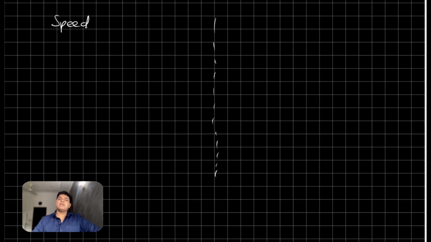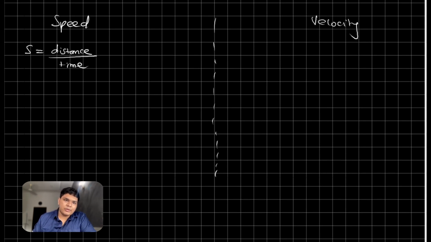As mentioned earlier, speed is a scalar value, whilst velocity is a vector value. So let's take the textbook mathematical definition of speed. Speed is equal to distance over time, right?